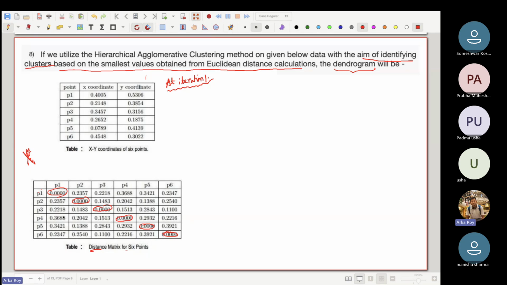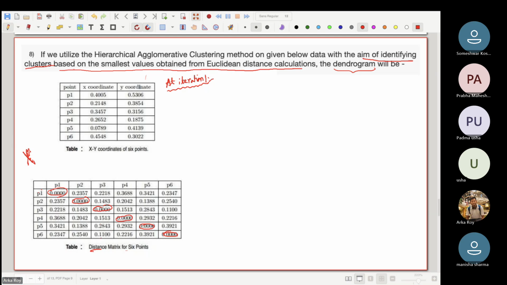Now you have to find the minimum value in this distance matrix, excluding the 0 values in the on-diagonal positions, because calculating the distance of P2 to P2 itself has no physical meaning.